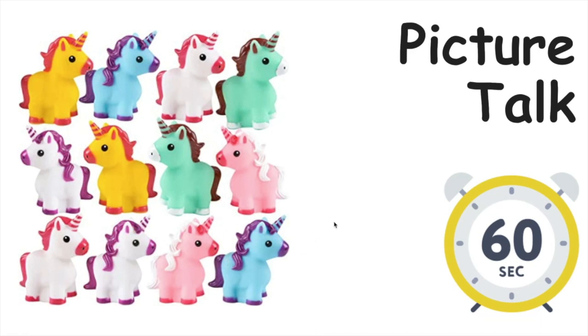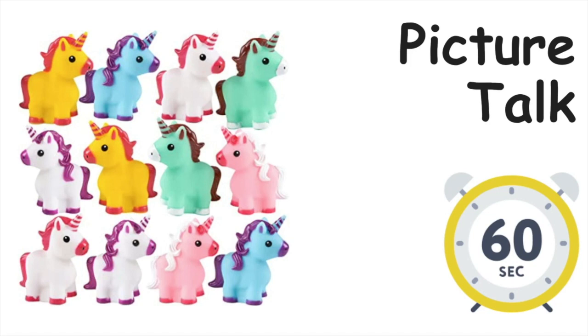Let's count to see how many unicorns we have in all. Count with me. 1, 2, 3, 4, 5, 6, 7, 8, 9, 10, 11, 12. There are 12 unicorns in all.